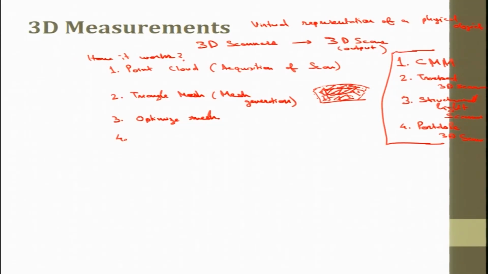Then the fourth point is the output of the mesh. Images and scans are brought into a common reference system where the data is merged into a complete model.